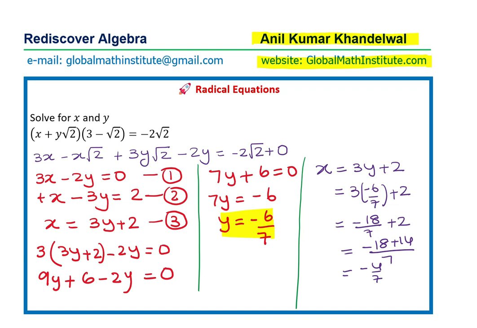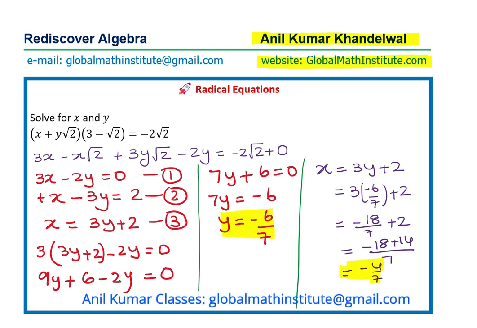So we get the value of both x and y. The idea was, how do we split one equation in two to get our values, correct? So we get x equals minus 4 over 7 and y equals minus 6 over 7 as the answer. I hope it makes sense.